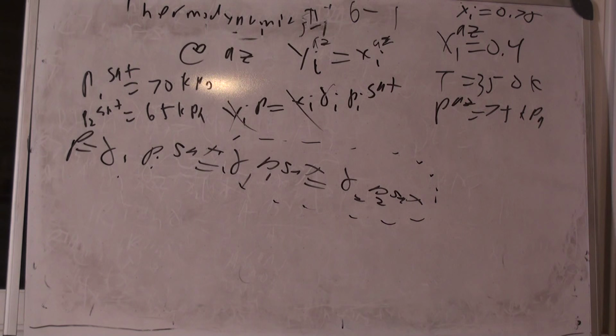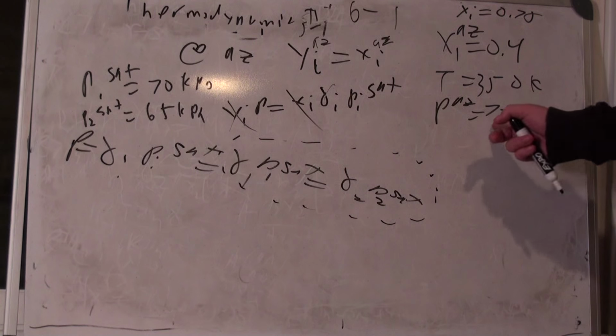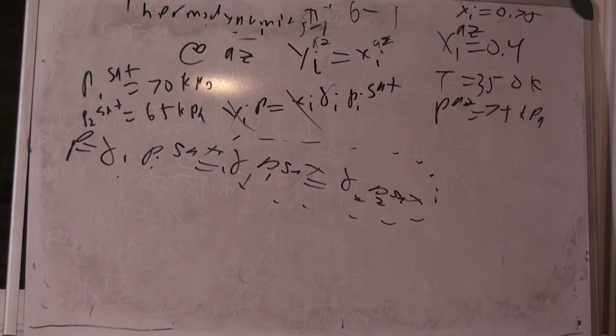The core problem is that this azeotrope is probably not at 75 kPa. If I do this route, I don't need to know where the azeotrope is. Really, I should take that out of the problem. Yeah, I'm thinking I would do that. But in any case, I want to focus on these ones.